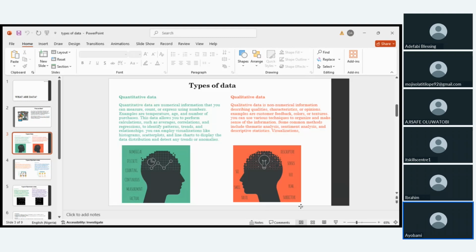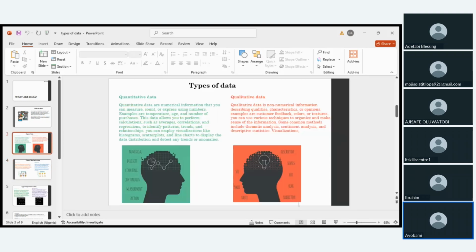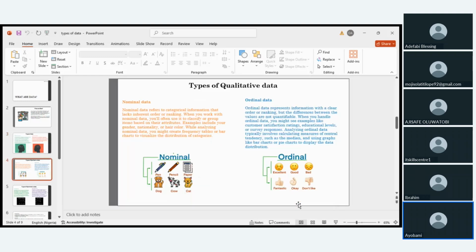So we have all of those. Now let's pick each of those. We talked about qualitative data, we talked about quantitative data earlier. So let's pick them and look at what we have in them, right? So when we are talking about qualitative data, we already said they can't take number forms.